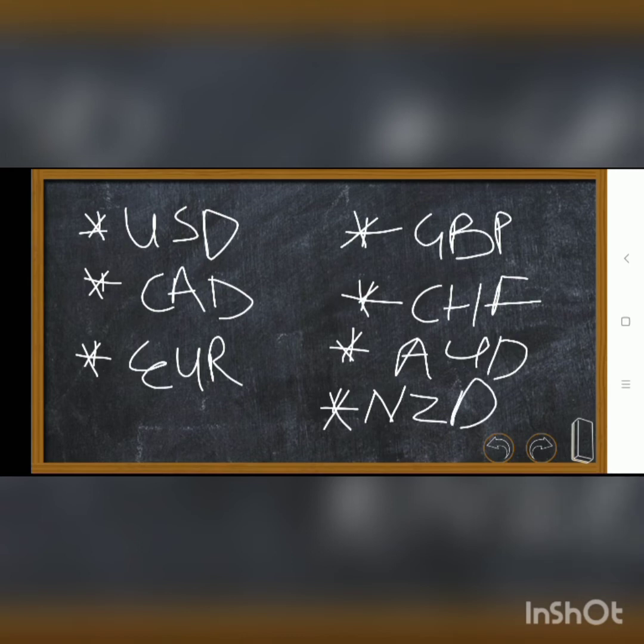Oh, and also the JPY. Almost forgot the JPY. That's the Japanese yen. It's used in Japan. So all these are currencies: USD, CAD, Euro, JPY, GBP, CHF, AUD, NZD. They are all currencies.